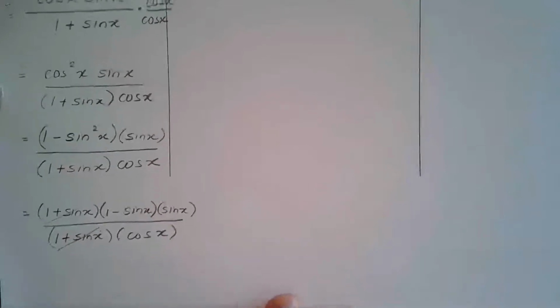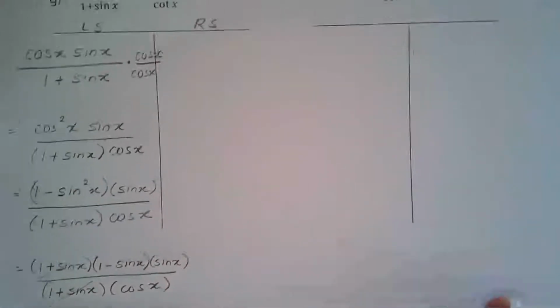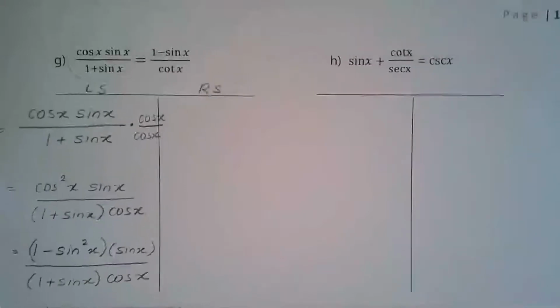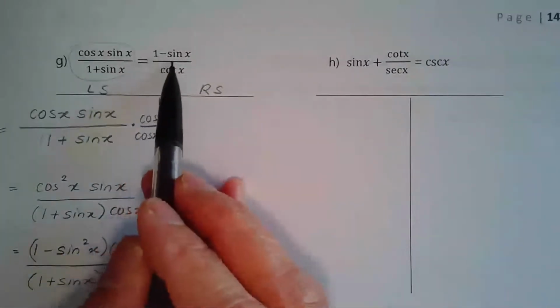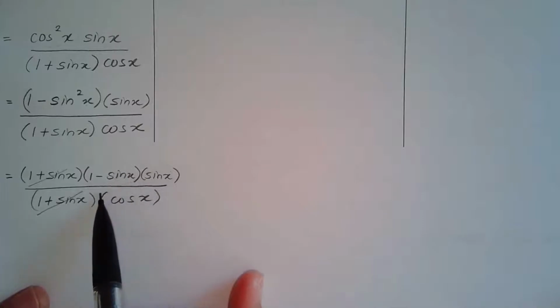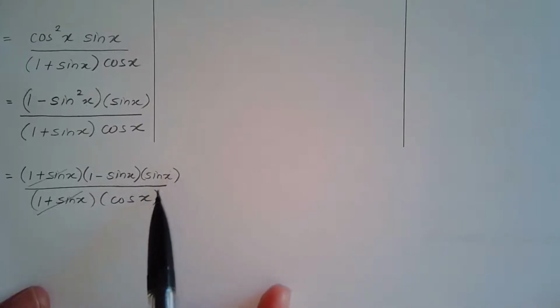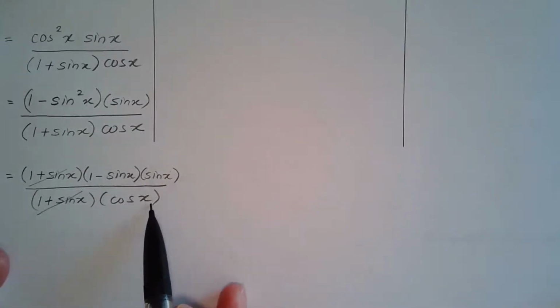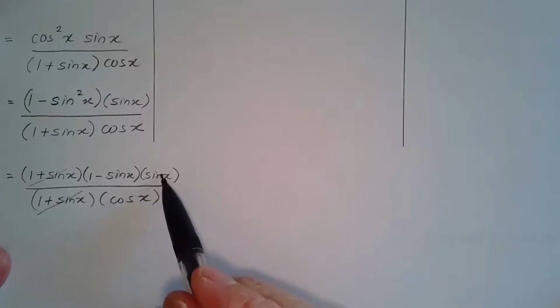Now I'm just going to go back up a bit so we can see what's happening here. Over here, I see 1 minus sine of x. And then these two, sine of x divided by cos of x, is really the same thing as tangent of x.